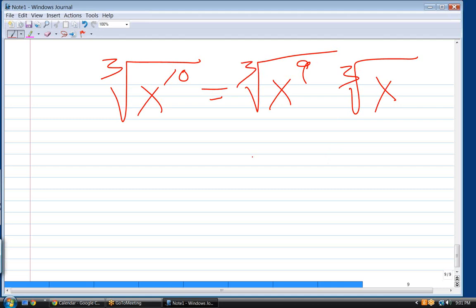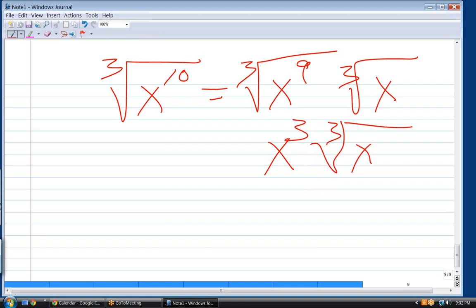And what's the cube root of x to the 9th? X to the third? There you go. Because x to the third times x to the third times x to the third equals x to the 9th.